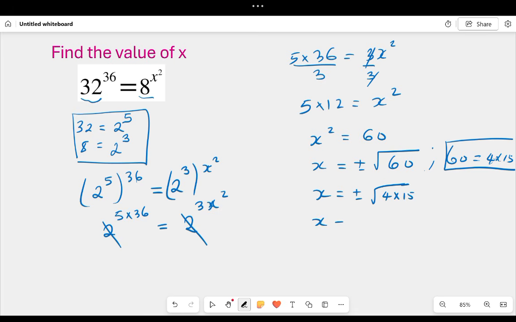So x therefore is going to be plus or minus the square root of 4 times the square root of 15 when we separate the square roots. Alright, so x is going to be equal to plus or minus the square root of 4, which is 2, times the square root of 15. Alright, that is the answer for this easy question.